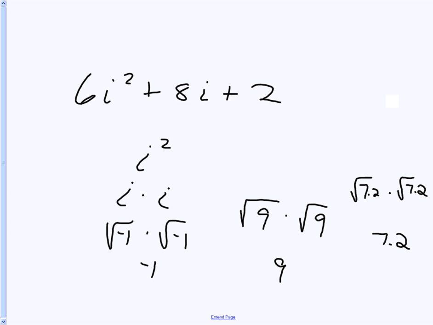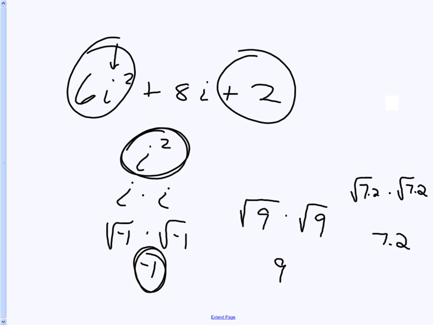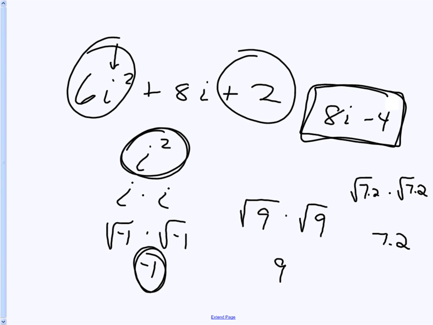So wherever you have an i squared, you can put a -1. So if you stick that -1 right here, all of a sudden you have 6 times -1 is -6. And then the -6 can be added to the 2. And then you have what? -4. So the final answer would be 8i minus 4. Who had that before I had that? Okay, good.